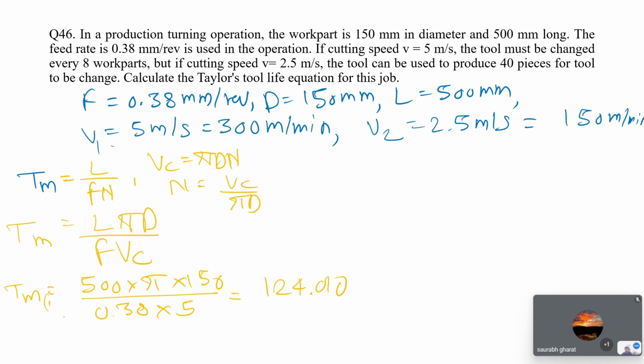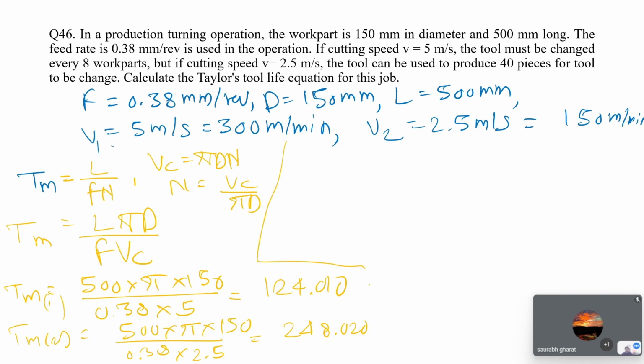For the second case, everything is the same, just the Vc will be changed. It is half. So the denominator changes to half, so your answer will simply be multiplied by 2 because it is half. That's simple. Then you will have your Tm.